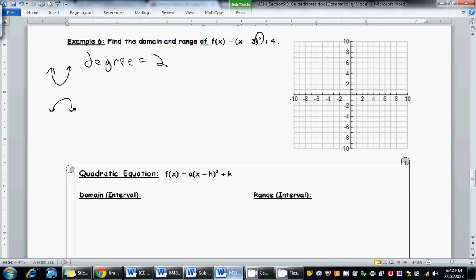So, the first thing we want to look for is, where is the vertex? The vertex you're going to find by taking the opposite of that value in the parentheses with the x. So if that's x minus 3, the x-coordinate of the vertex is positive 3.